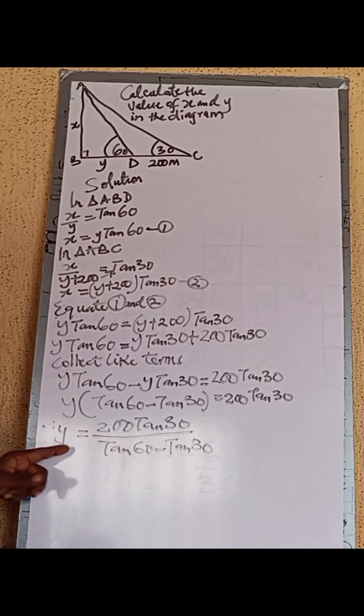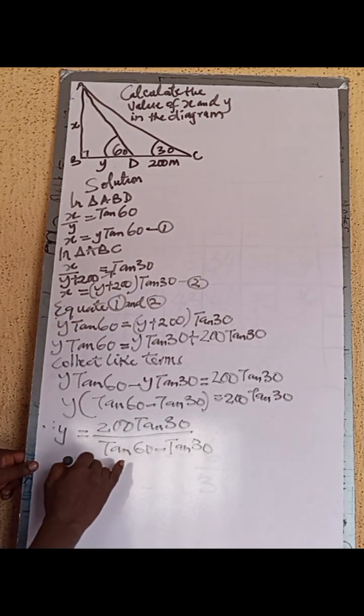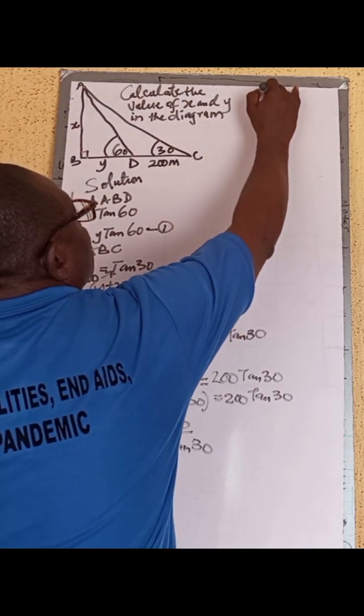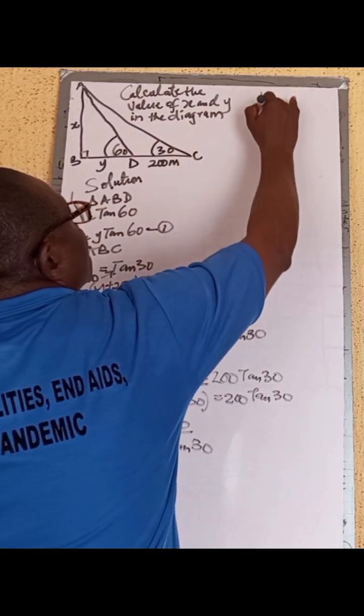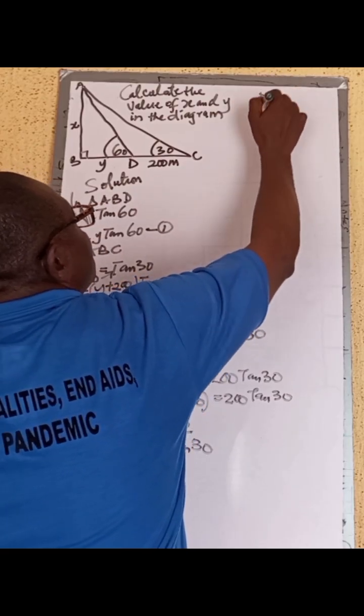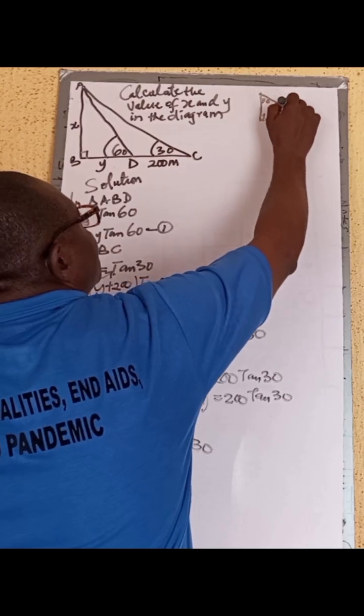Very good. So we can now calculate based on this. From our special angles, if you have a special angle, you have 30 and you have 60.